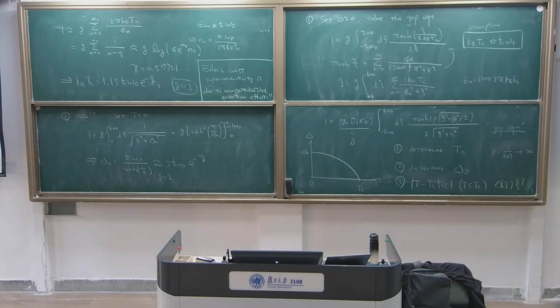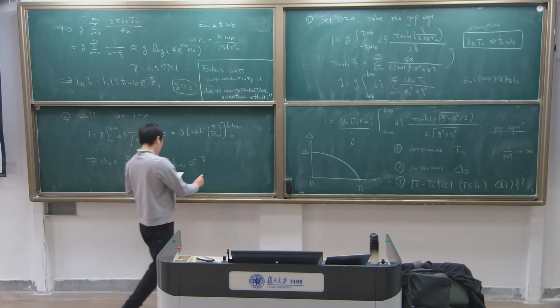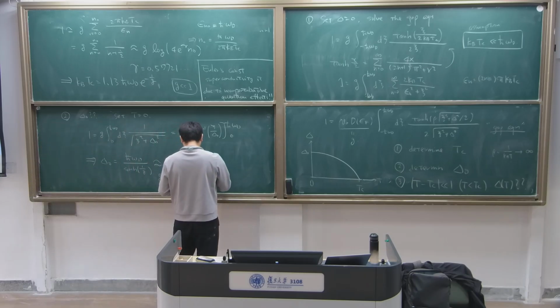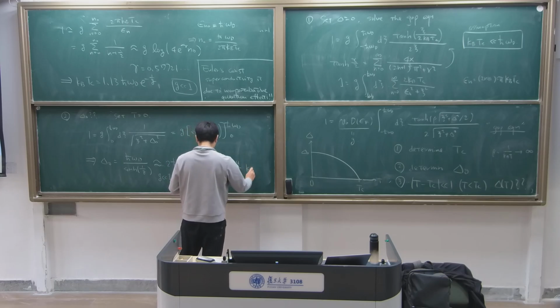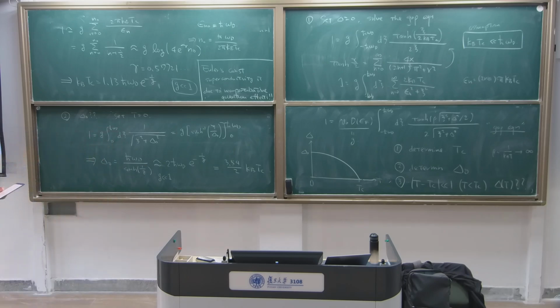Again, we have e to the minus 1 over G times h bar omega D. So this is equal to 3.54 divided by 2, therefore the critical temperature is proportional to this delta.